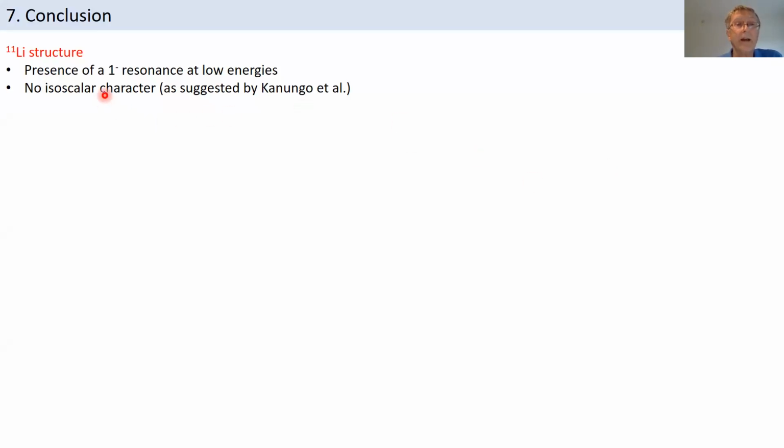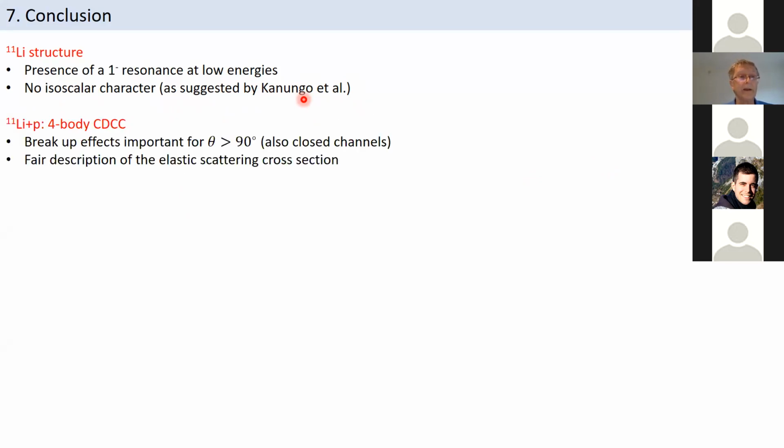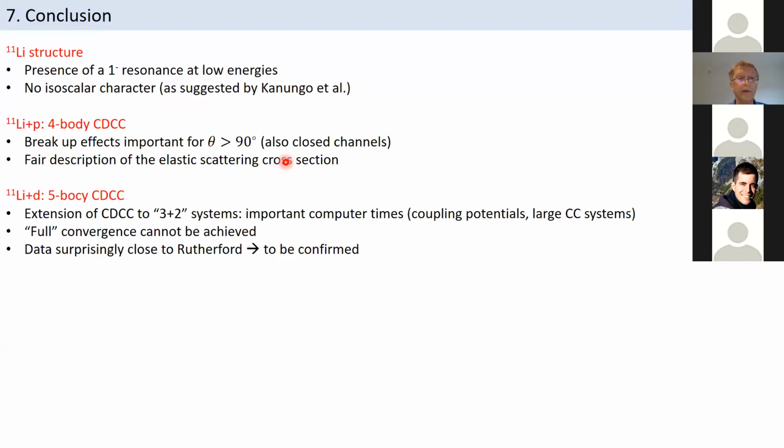But here I checked the isoscalar character, which was suggested in this experimental paper, and I could not confirm this isoscalar character. For the lithium 11 plus proton, there is a rather good description of the elastic cross-section. And breakup effects are important at large angles. And also I've shown that closed channels are important.